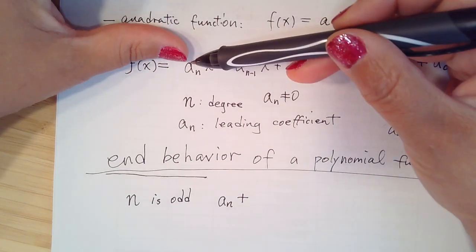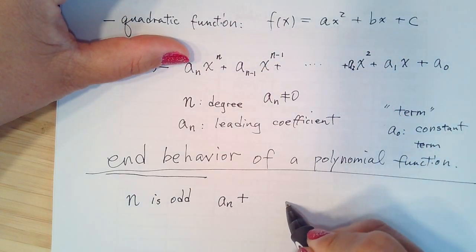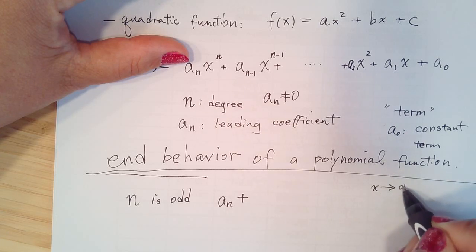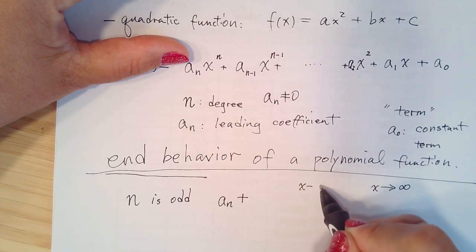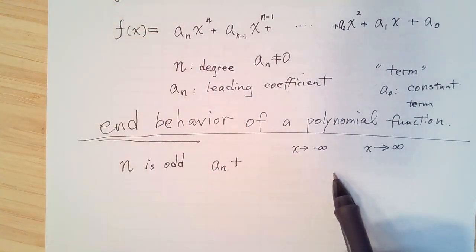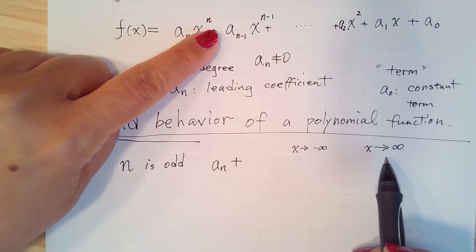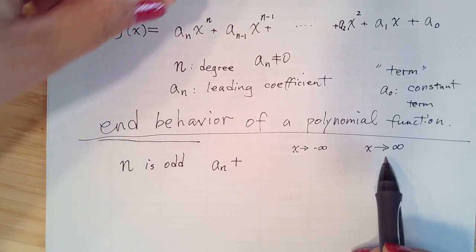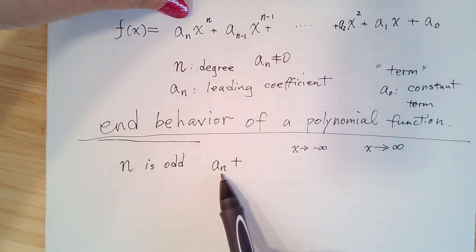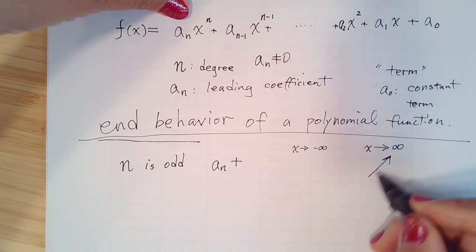If you have a positive number here and n is an odd number, then when x becomes positive infinity and when x becomes negative infinity, let's see what happens. Now when x becomes a huge number, that's going to be a huge number to the nth power. It's going to be huge, and then you multiply by a positive number.